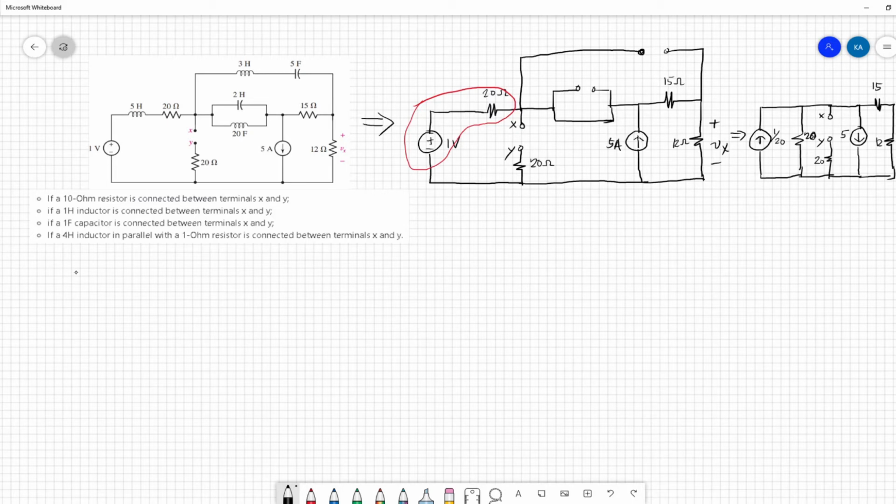Now for the first case, if a 10 ohm resistor is connected between X and Y, there's a 10 ohm resistor connected here.